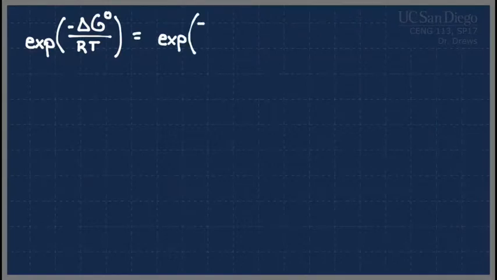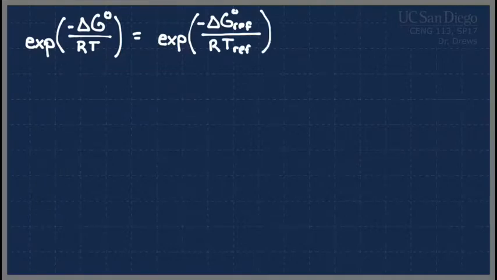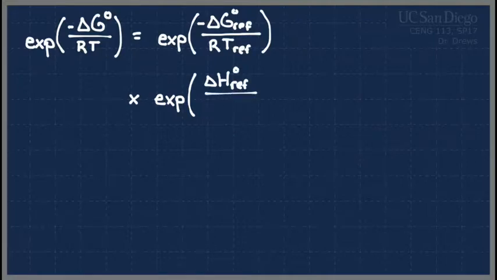Exponential minus delta G ref with a circle over RT ref. We have that term times another term. This is times, not summing. Times the exponential of delta H ref, circle, divided by RT ref.